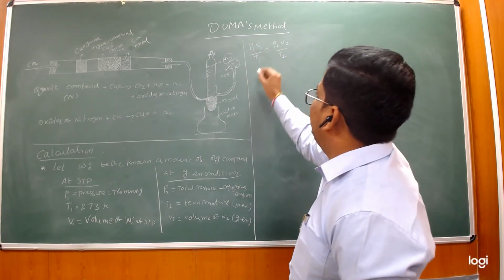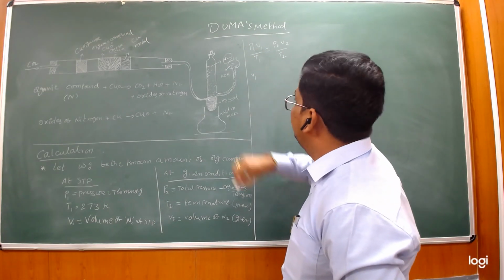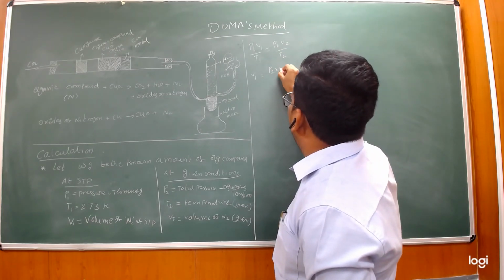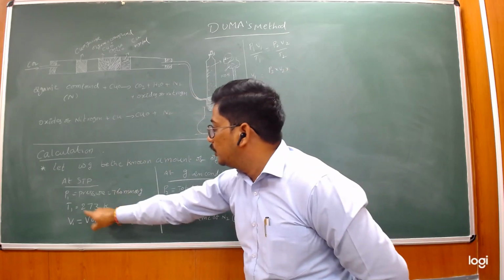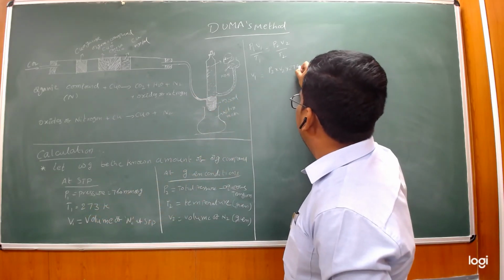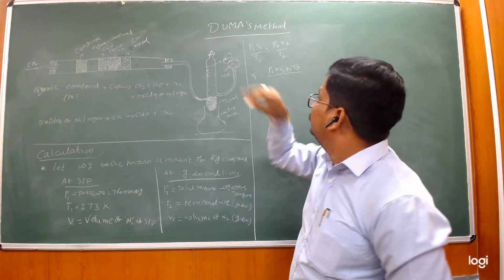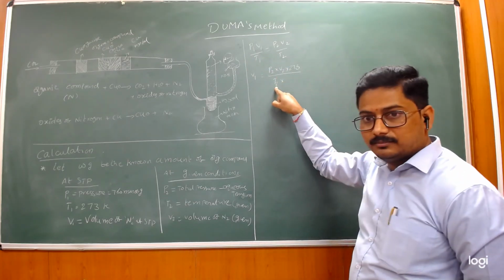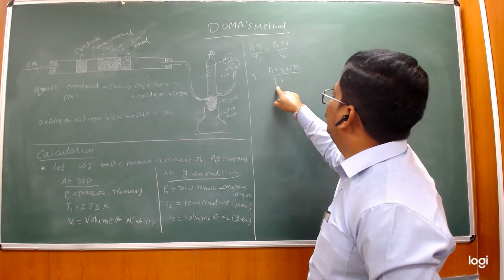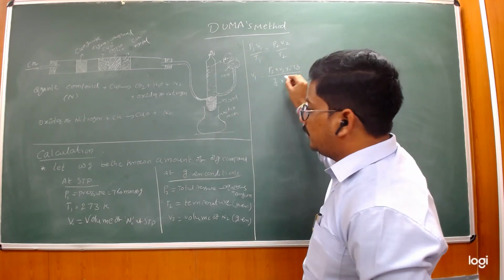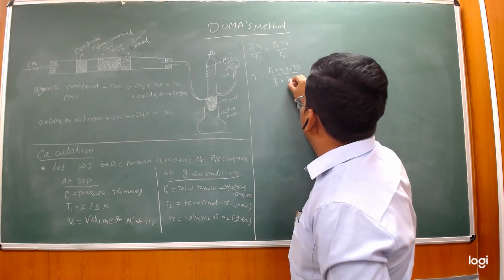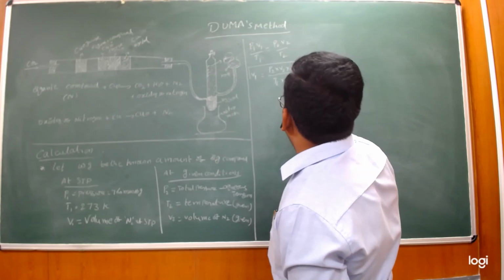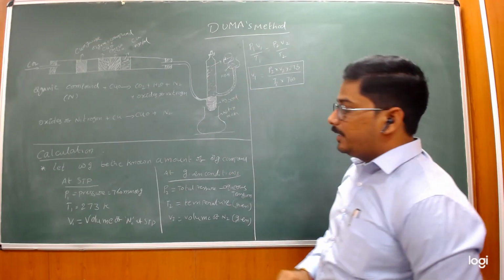So V1, we have to find out this V1 at STP, equal to P2 into V2 into T1, 273 Kelvin, divided by T2, P1. P1 how much? 760 mm of Hg. So this is the volume of N2 at STP.